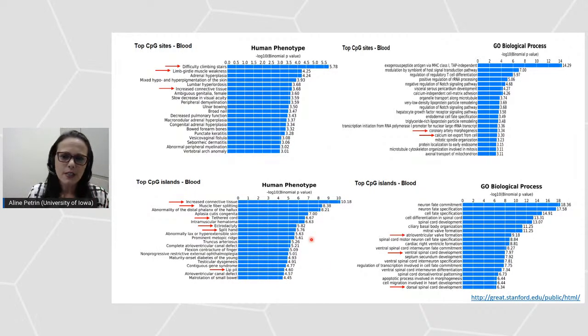So this kind of analysis tells us that the biological results we are finding with the arrays are on the right path. We are finding things that are relevant to development, and we are finding that disruption of methylation in these genes is a plausible explanation for contributing to clefting etiology.